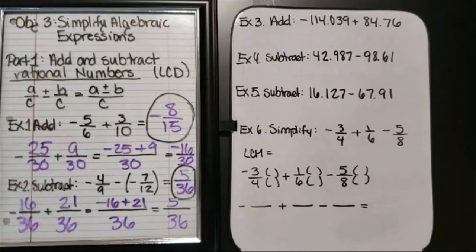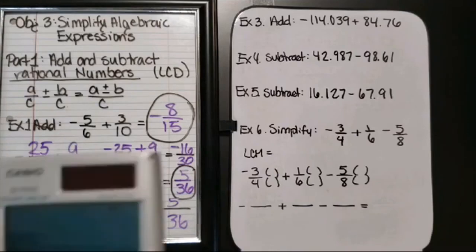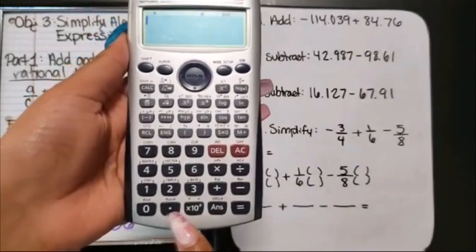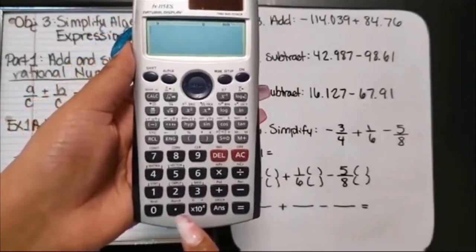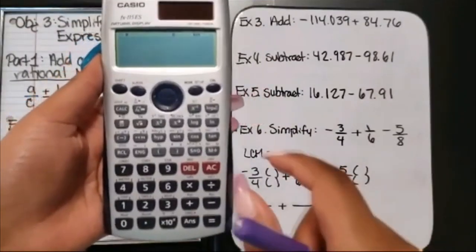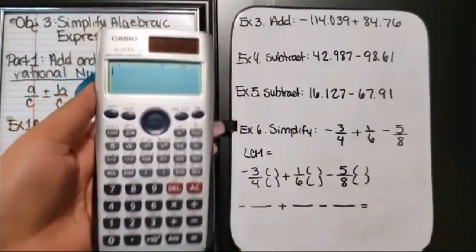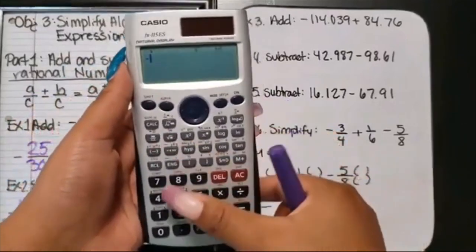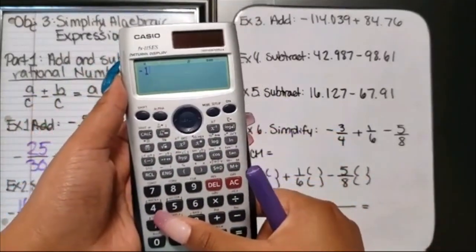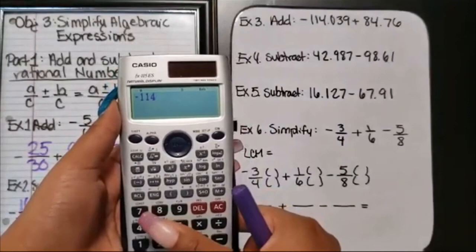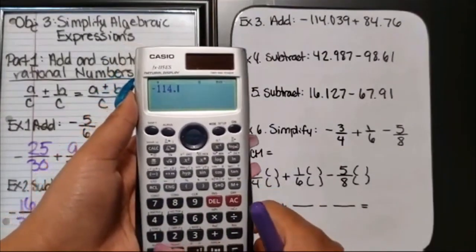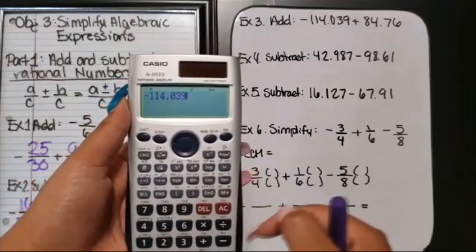So once again, I said rational numbers are also decimals. So let's look at that on the calculator. To do a decimal, you should have the period here on the calculator. So I'm just going to type it in, negative 114.039.